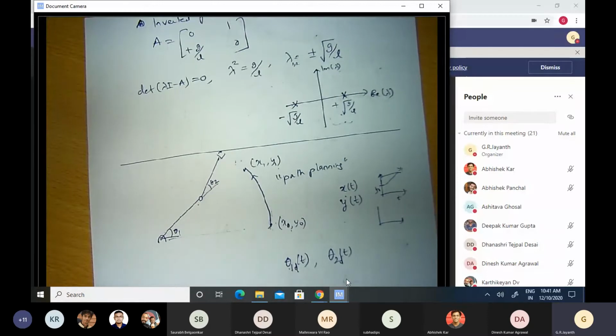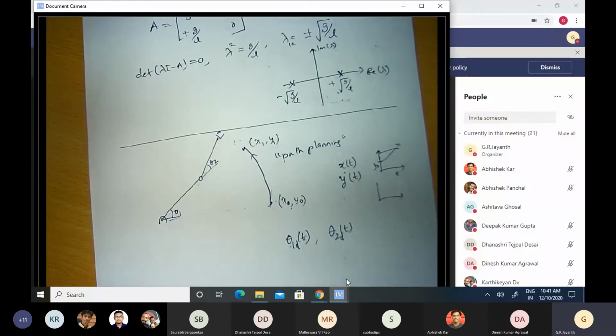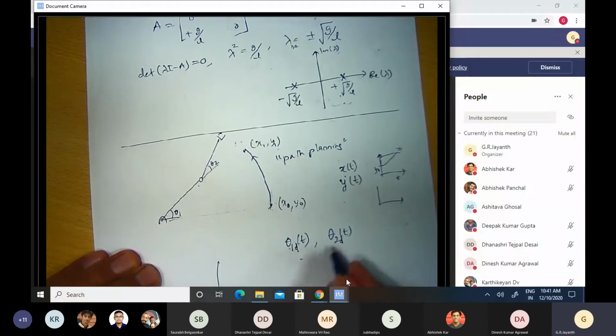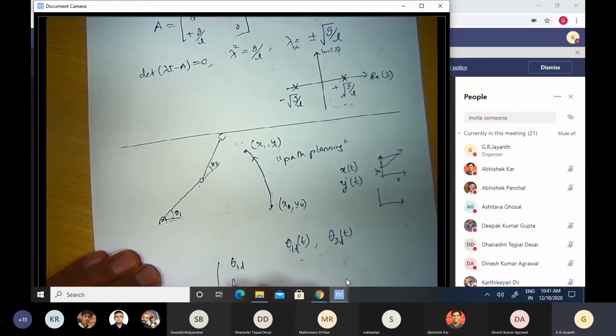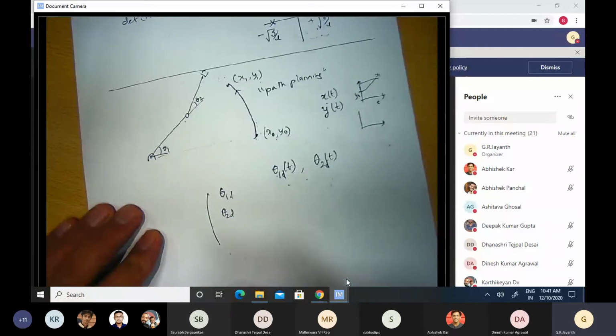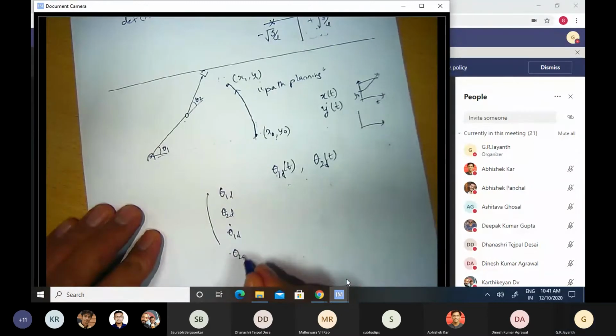Okay, so if we make a state vector out of these generalized coordinates, the x1 of the state vector will be just these two things, theta1d, theta2d, and x2 will be x1 dot, so theta1d dot, theta2d dot.